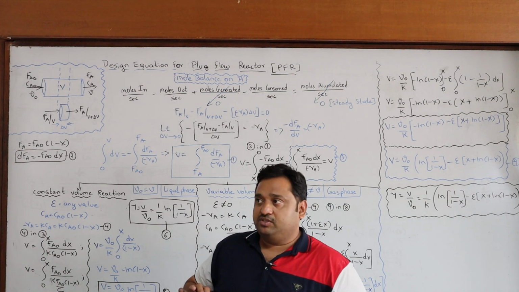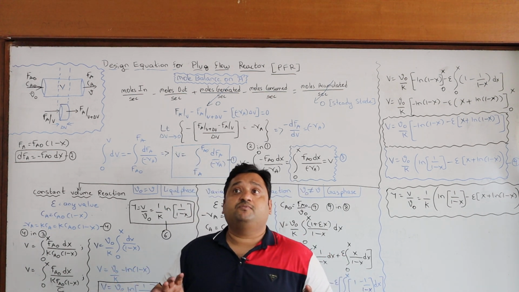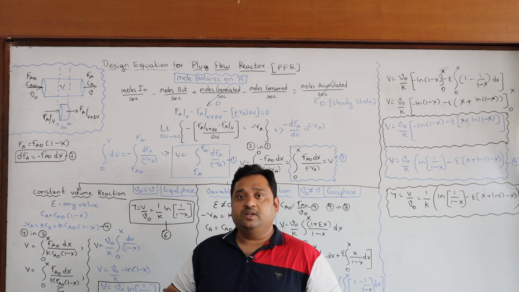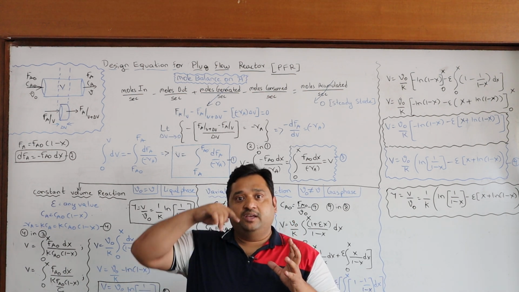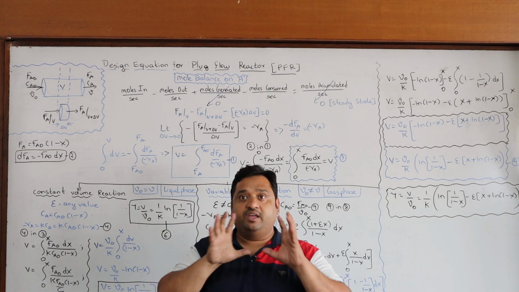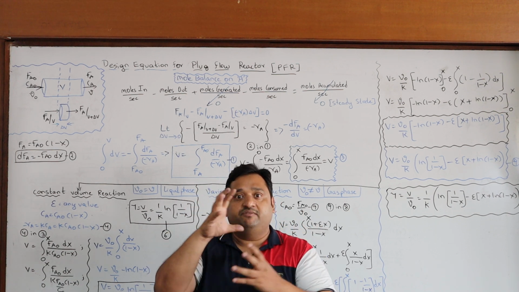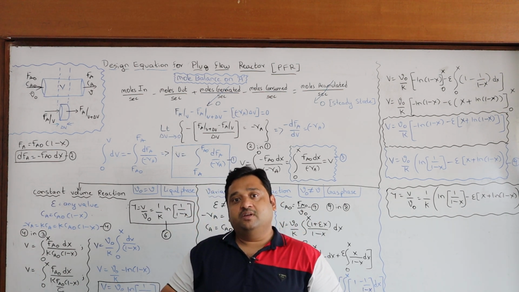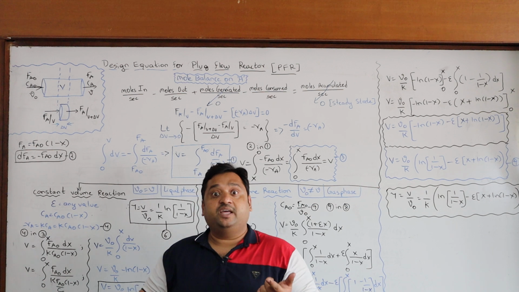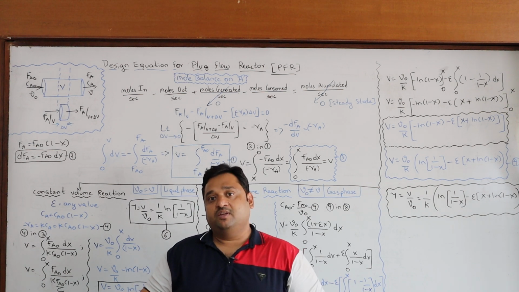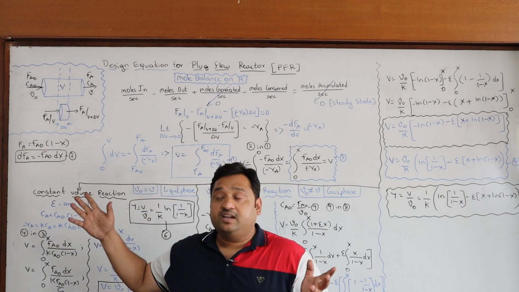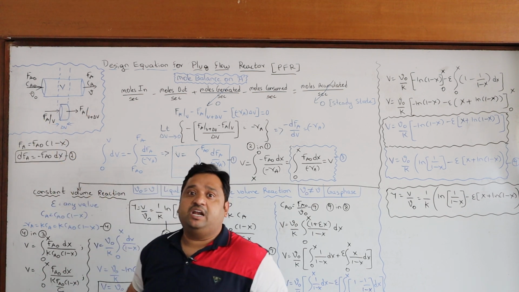The problem is, in the case of a CSTR, that is in a tank, because it is fitted with a stirrer, the concentration will remain the same everywhere because the reaction happens at the same concentration because of the stirrer. Here there is no stirrer, it is a kind of straight tube.